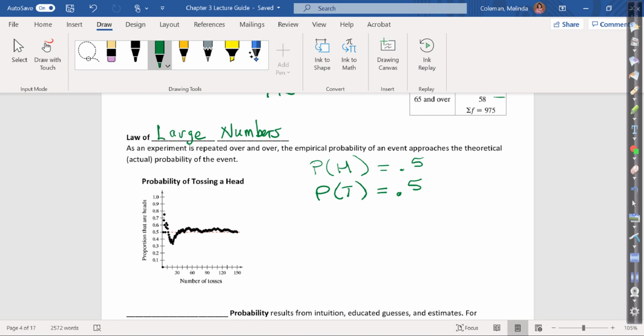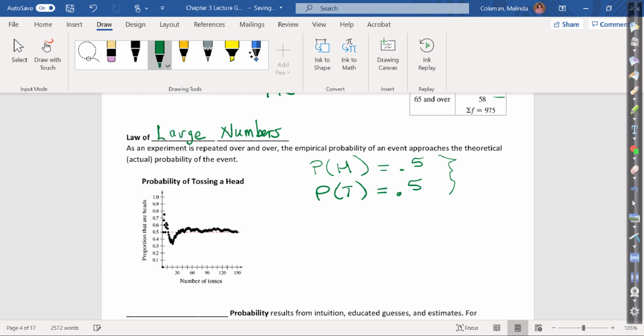If you had 10 people flip a coin 10 times, each person individually may be nowhere near 50-50, but now you have 100 flips of the coin. And the more tosses of that coin you get, the more likely you are to get this 50-50 range.